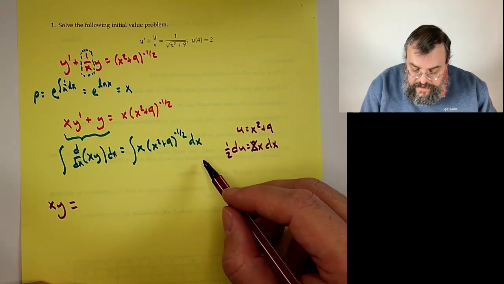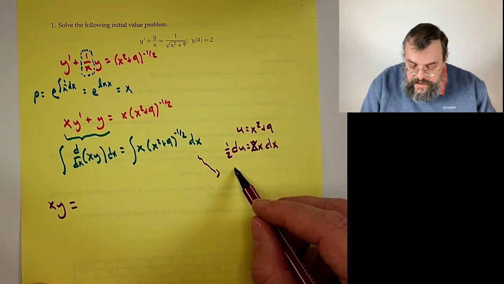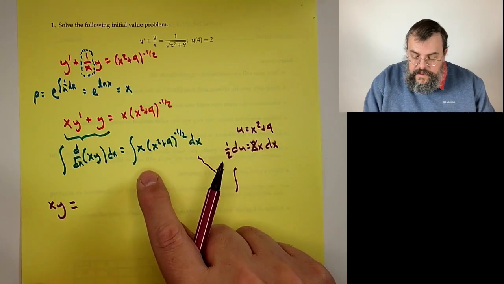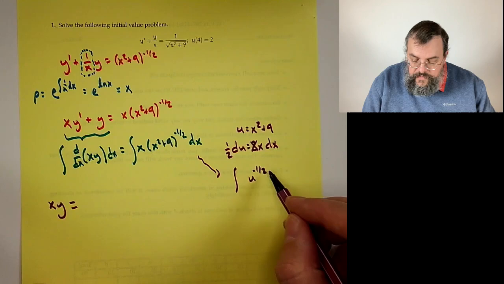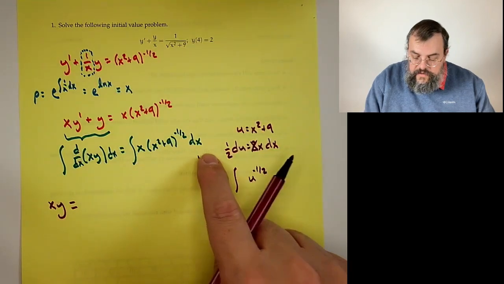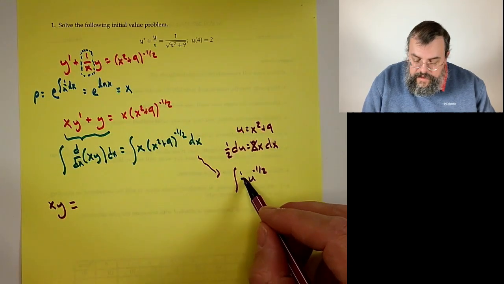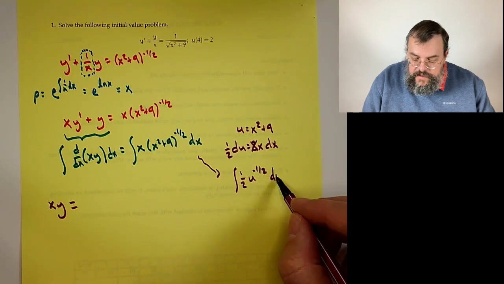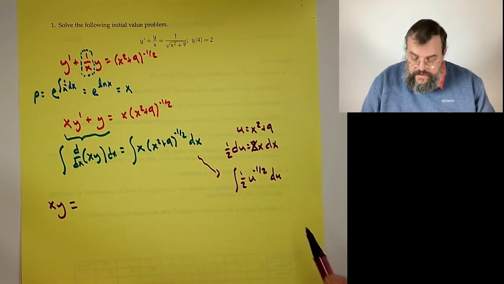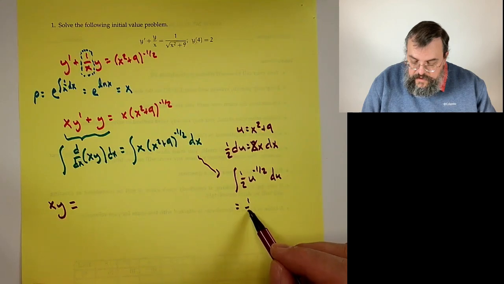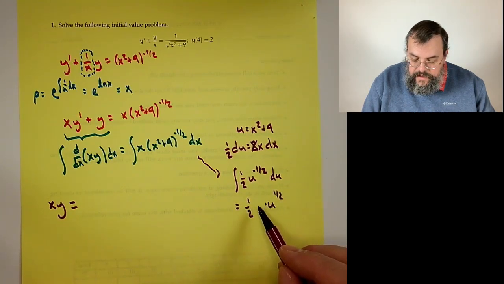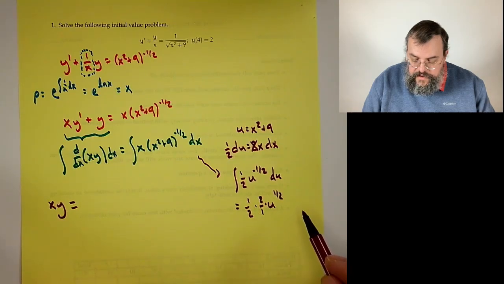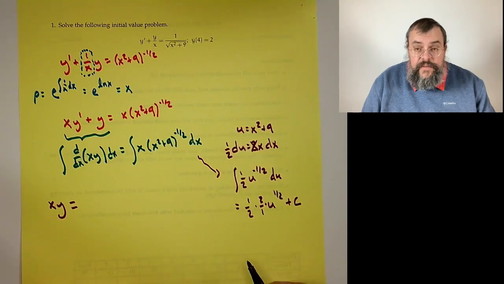So then this would become the integral of u to the minus 1/2. And then x dx would become 1/2 du. All right, well, that integral, that's 1/2. Add a 1 to minus 1/2 is to the plus 1/2. And don't forget to multiply by the reciprocal. And here you do need a plus c.